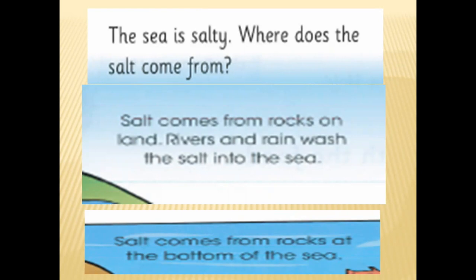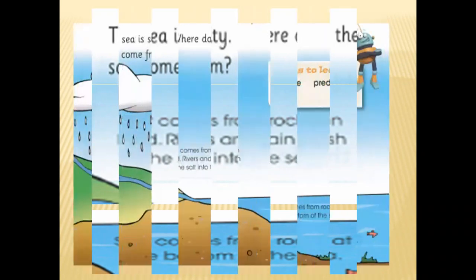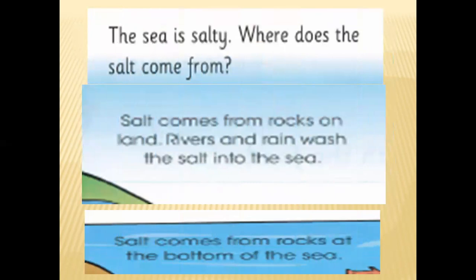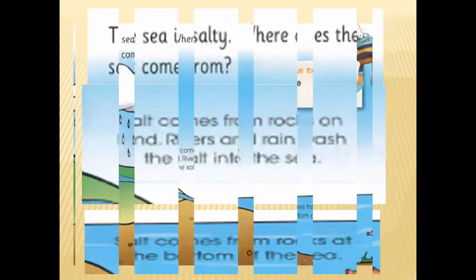And salt also comes from the rocks that are under the sea. Salt also comes from the rocks that are on the bed of the sea. So these are two ways in which salt makes the sea water salty.